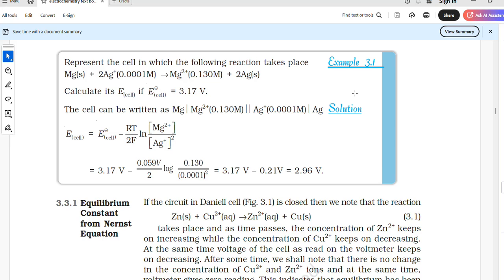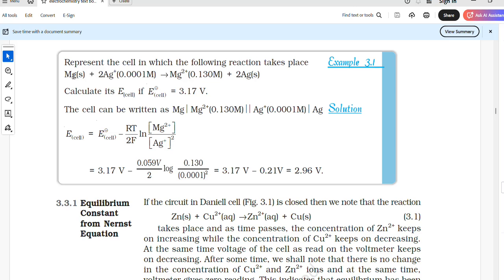That gives Mg2 plus with a concentration of 0.130 M, plus 2 Ag as solid.